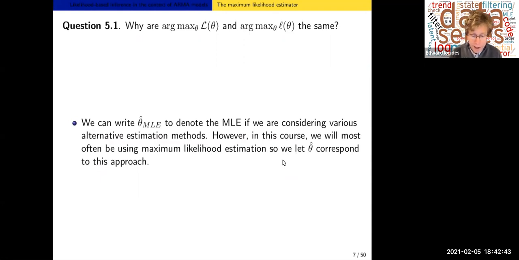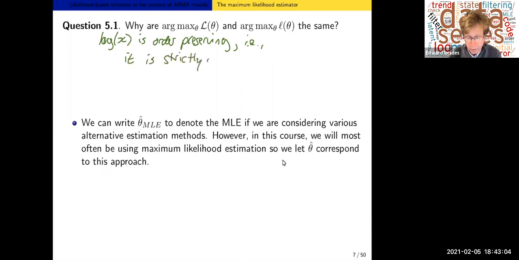For this, all you need is that log x is order preserving, which is really just another way of saying it's strictly increasing.